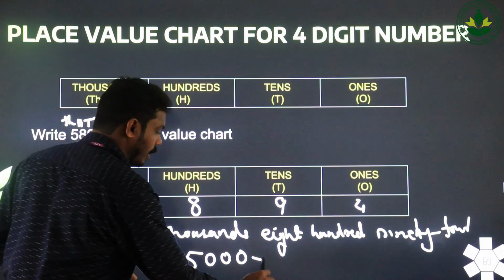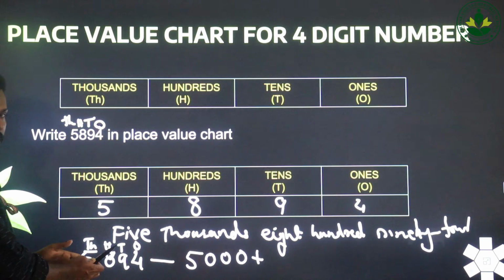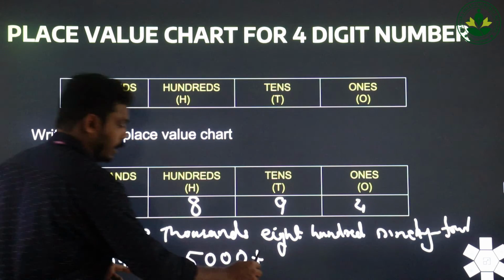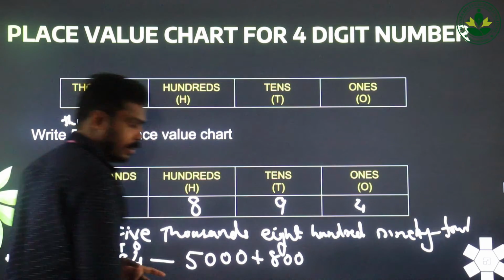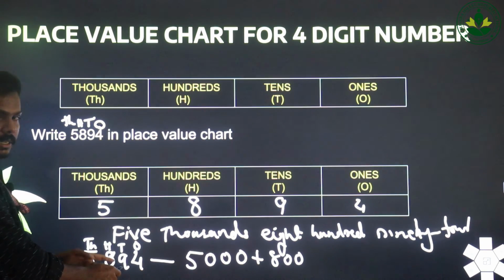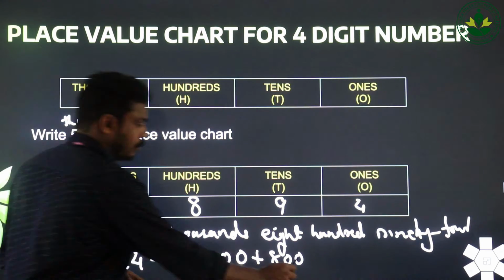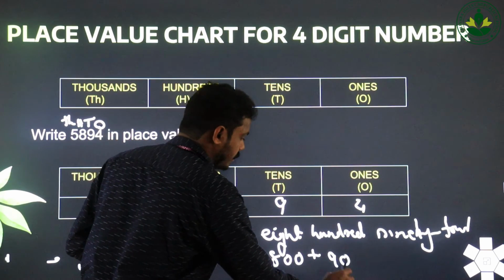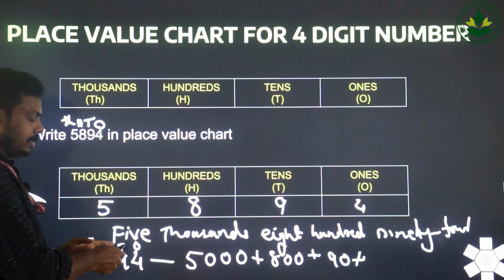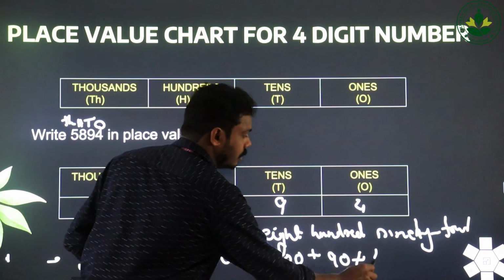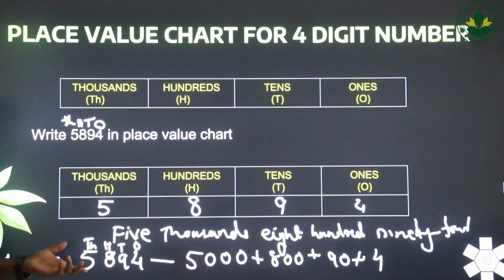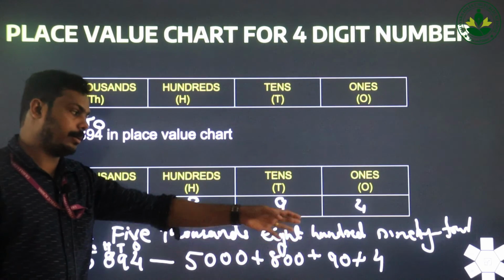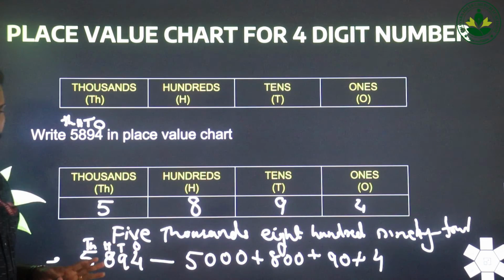Then use the addition symbol, plus. The next digit is 8 and its place is hundreds, so 800. The next digit is 9 in the tens place, so it is 90, plus 4, which is in the ones place. This is the expanded form of 5894: 5000 plus 800 plus 90 plus 4.